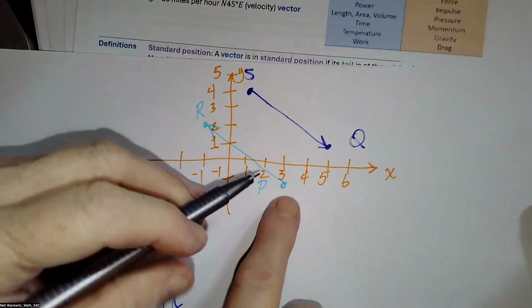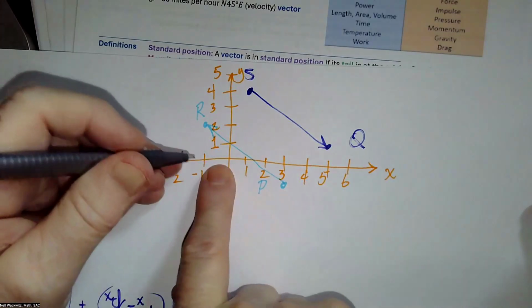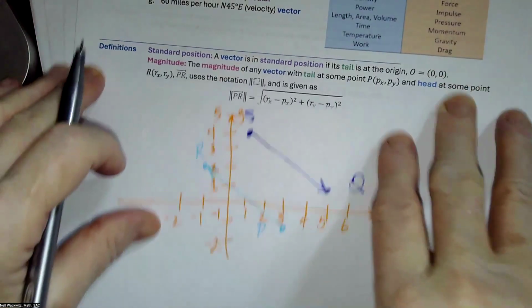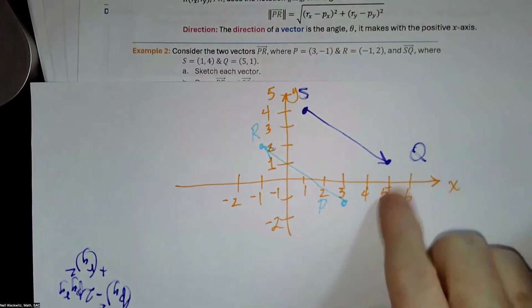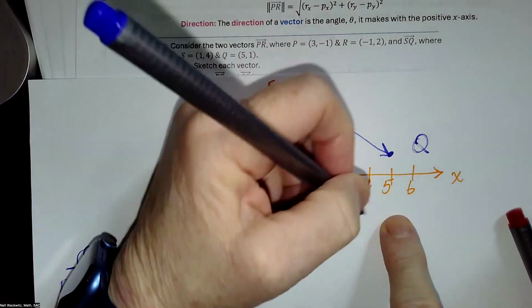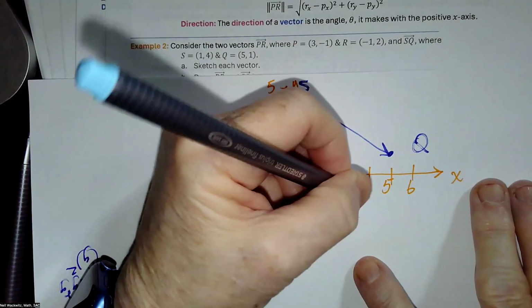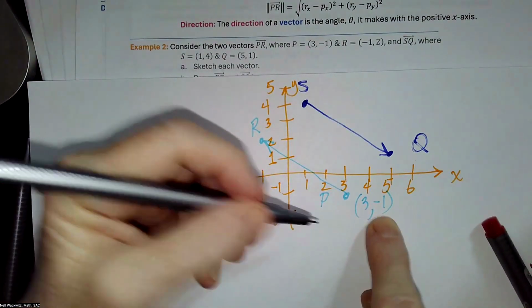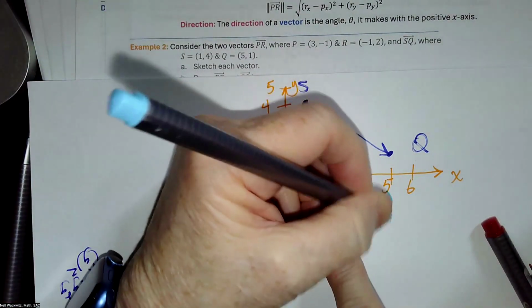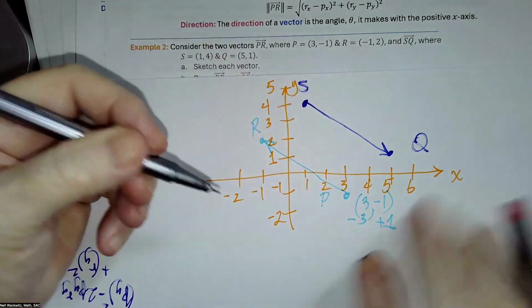So the tail of PR, I'm going to move P to the origin. Let's see. P was 3, -1. So I'm going to go up 1 and to the left 3.